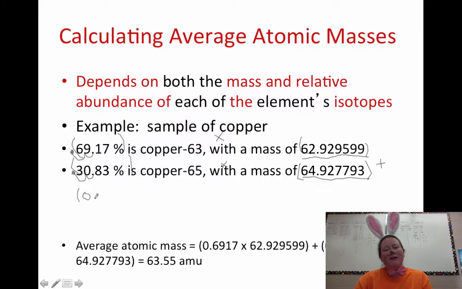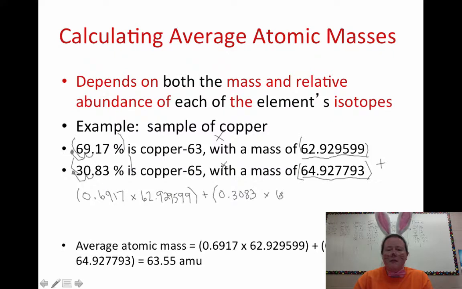I always like to write the percentage first, so I have 0.6917 times the atomic mass of this isotope, 62.929559 plus parentheses 0.3083 times its atomic mass, 64.927793 equals.